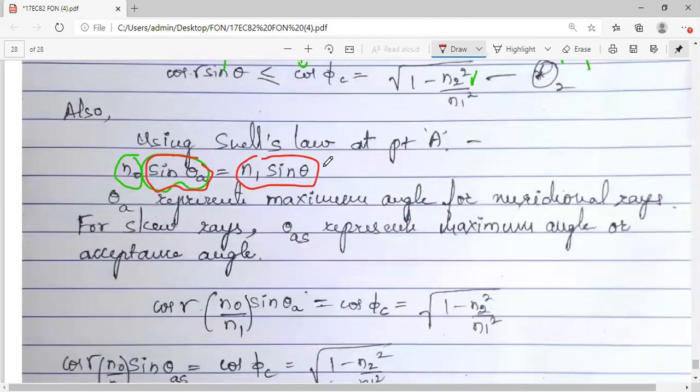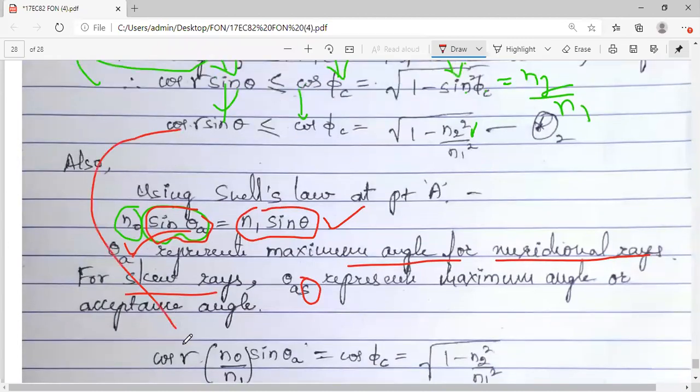So when we apply Snell's law, we get this, where theta is the angle for meridional rays. But for skew rays, it should change, so we will add S indicating skew rays. So theta A S, we will change it. In this, cos phi I will keep as it is.